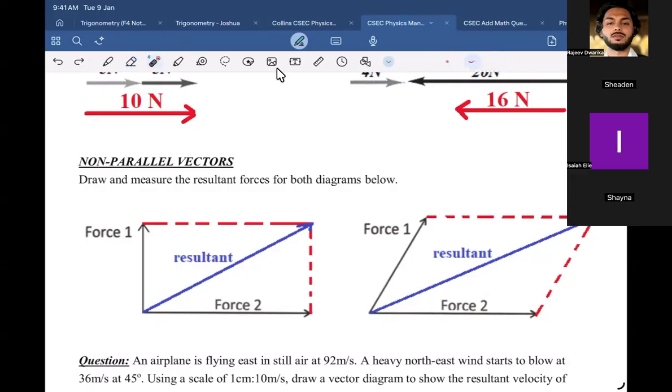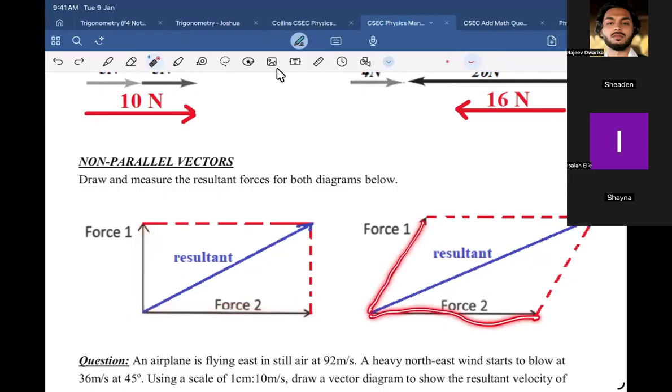So let me ask you a question, Shay. Do these forces look like they're parallel to each other? No. Matter of fact, what are they? Perpendicular to each other? Right, they're perpendicular to each other. These two forces, they're not parallel, right?